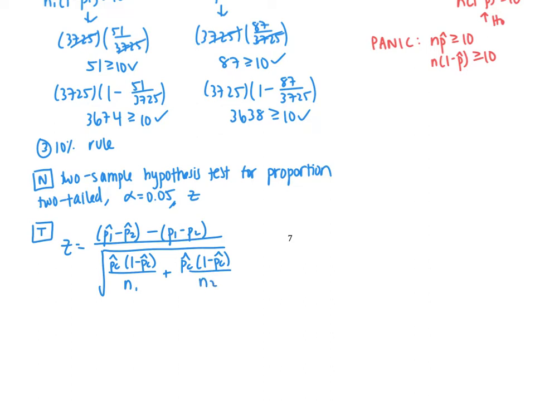So you should be like, hey, what the heck is PC hat, right? Okay, I'm sorry to tell you, PC hat is then another formula. It's N1 P1 hat plus N2 P2 hat over N1 plus N2.